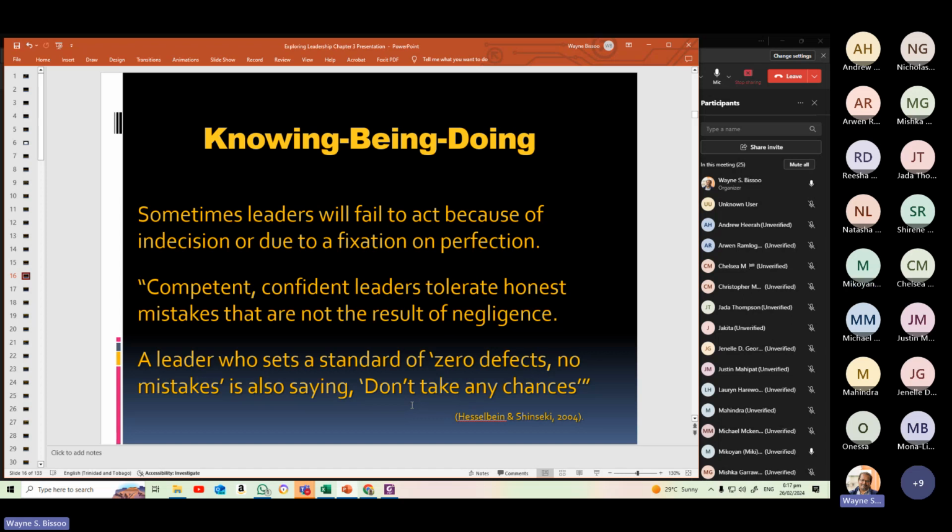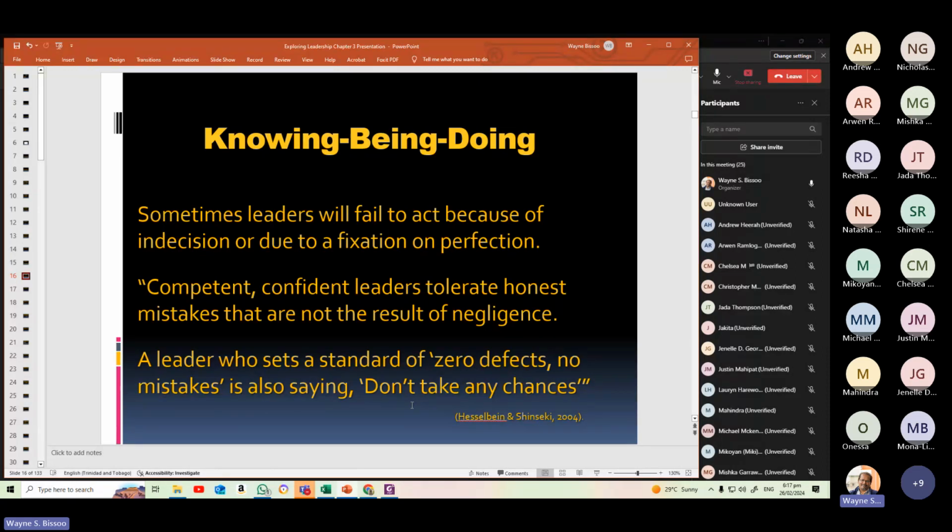We weren't allowed to do certain things because nobody wanted to make a mistake given the circumstances we found ourselves in, and it was demoralizing for the staff, so much so that staff started to say, hey, I'm fed up with this, I'm leaving to look for a more dynamic organization. Have any of you ever experienced that?